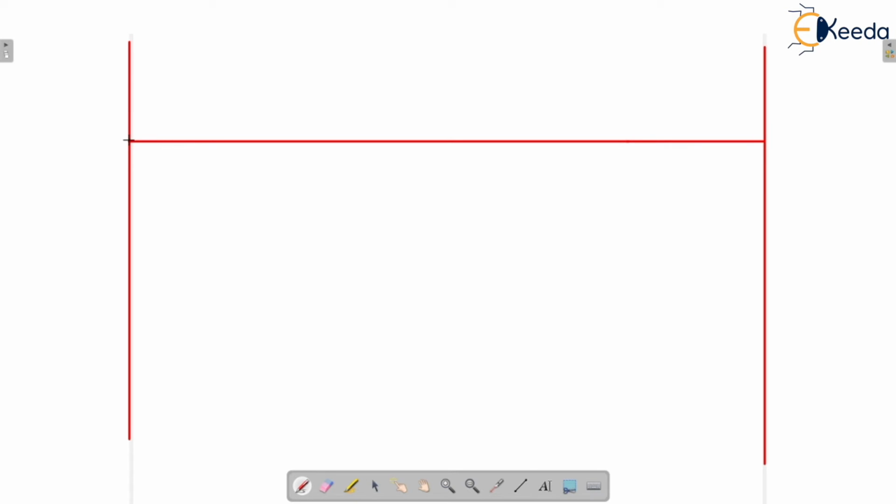Initially it will start from 0, rise here, and it will be constant during this interval, and again it becomes 0 following a linear path. You can see here.